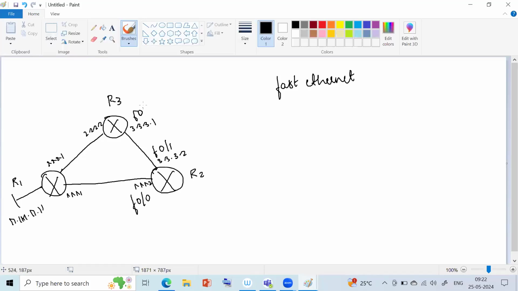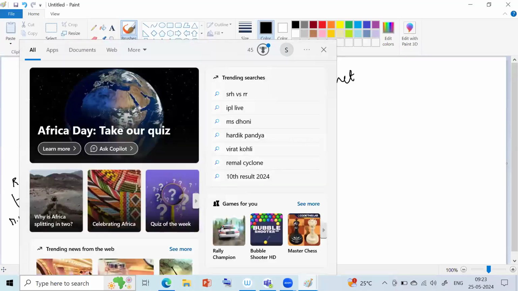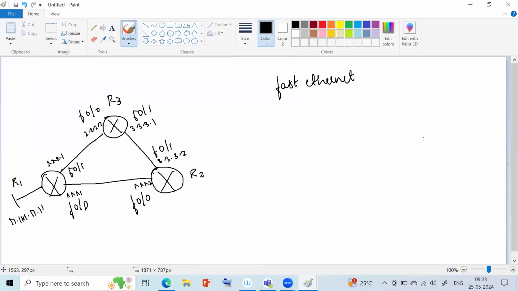This is F0/1, and this is F0/0. This is F0/1, and this is F0/0. Now, when it comes to fast Ethernet interfaces, there is some standard, right? There is some standard. Now, what is the standard?